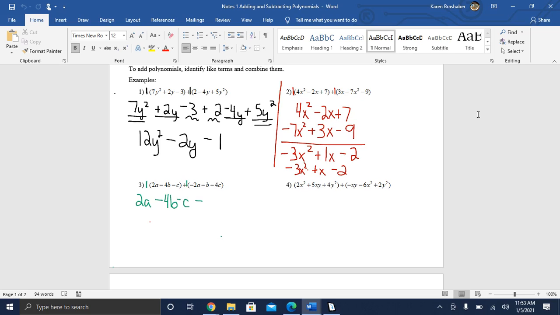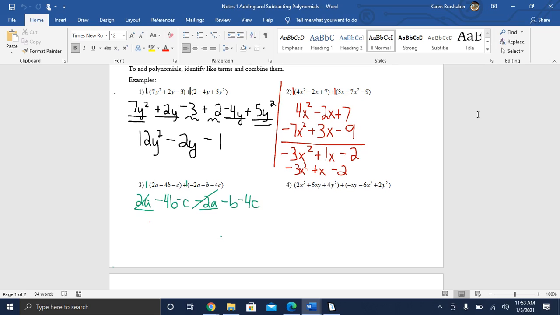I have negative 2a, negative b, and negative 4c. And so when I combine my like terms, 2a and negative 2a will cancel, and we don't write 0a, we just drop that term.